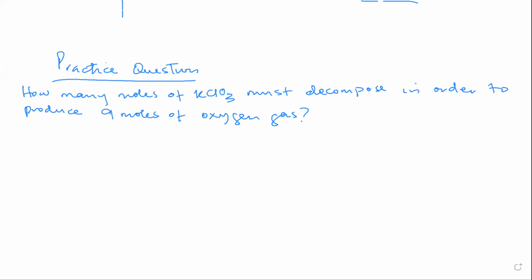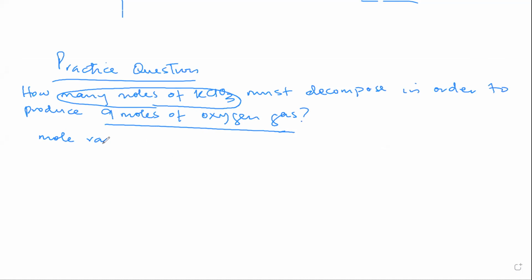So hopefully you paused the video and did it. We have 9 moles of oxygen gas. We want to find moles of potassium chlorate. So again, one substance to a different substance, we use the mole ratio from the balanced equation: potassium chlorate gives 2 KCl plus this.